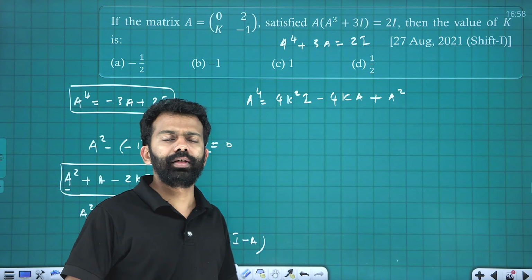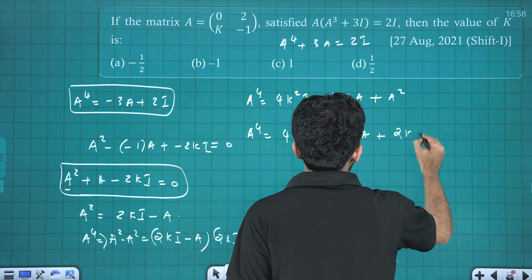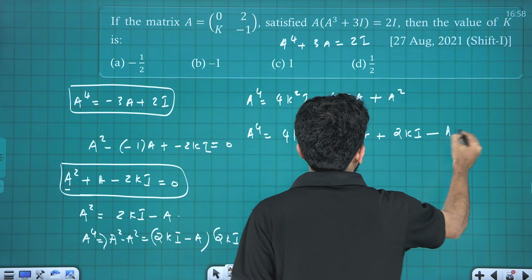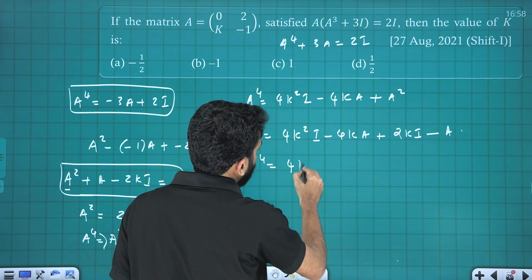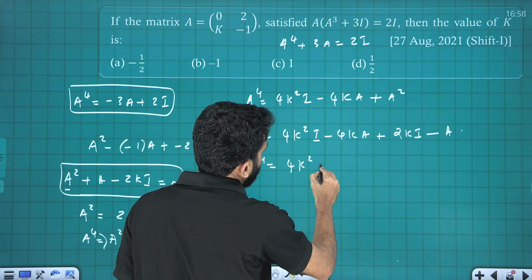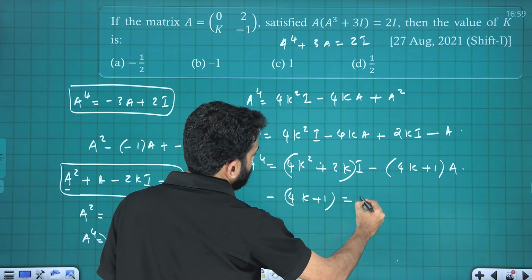Therefore, A raised to 4 is equal to 4k square I minus 4k A plus A square, which is 2kI minus A. Assemble the terms of A and I. That is 4k square plus 2k into I, and I took the minus common, that is minus of 4k plus 1, into A. Just compare it with the coefficient of A. You will get minus of 4k plus 1, which is equal to minus 3.